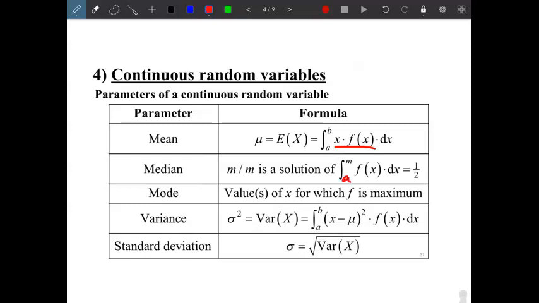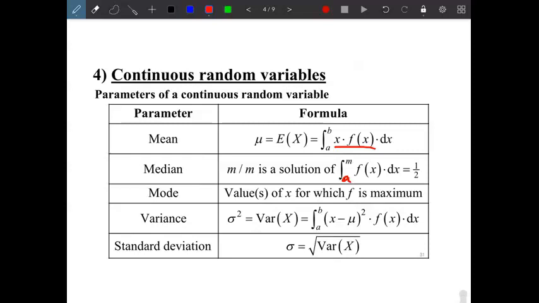So the value of the median, m, is the value for which the integral from a to m of f of x is equal to half. So it's the upper bound of the interval over which we have a probability equal to half.